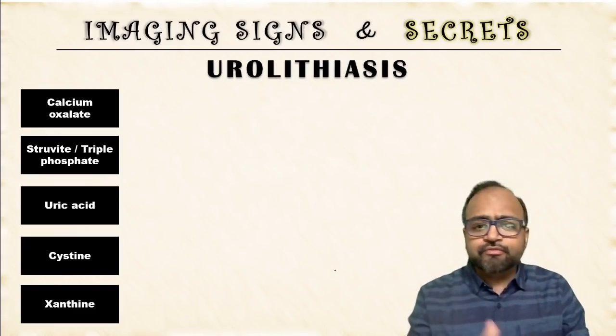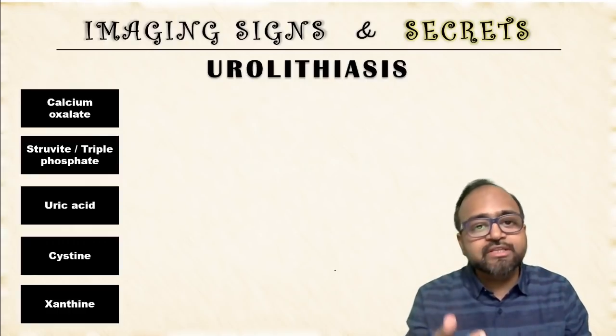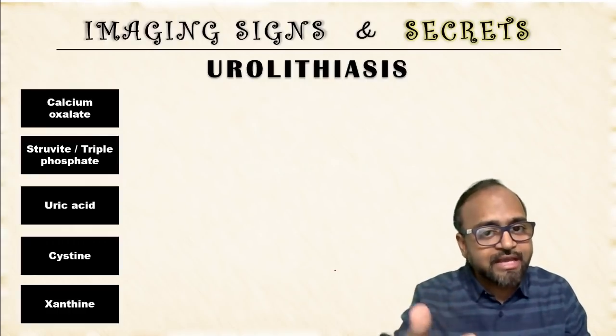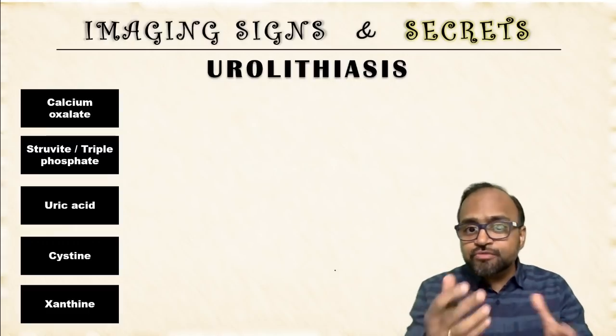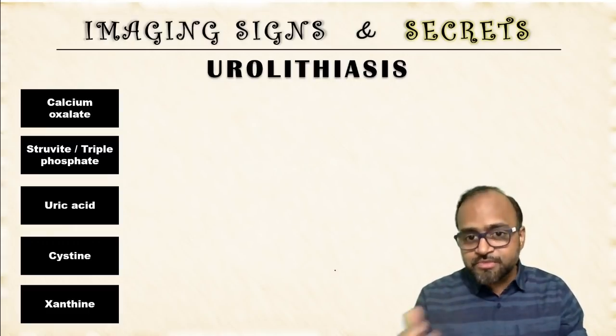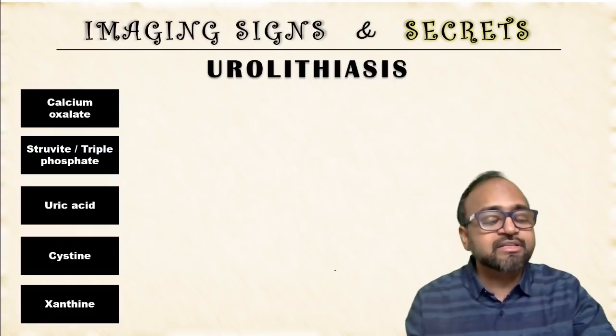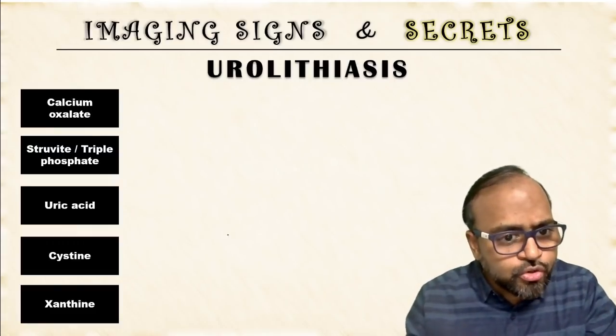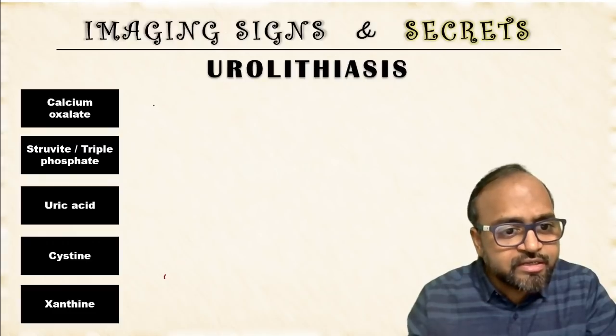Now, various types of renal calculi, kidney calculi are known, and believe me, each of these calculi has its own secret, in that it is associated with certain MCQs, certain factual pearls that I want you to know, right? So what is the secret related to calcium oxalate calculus?